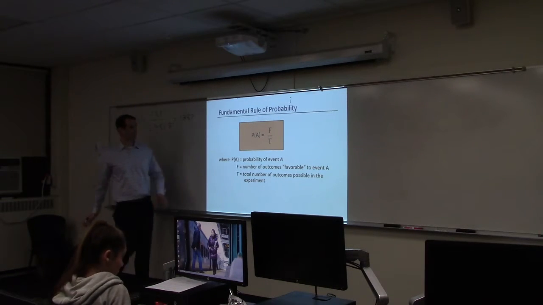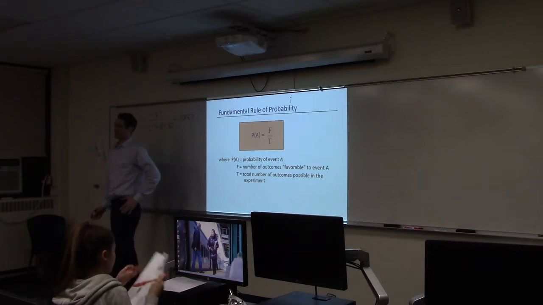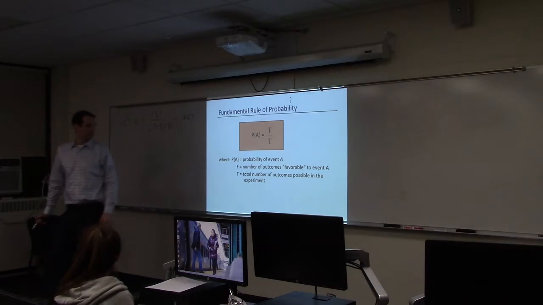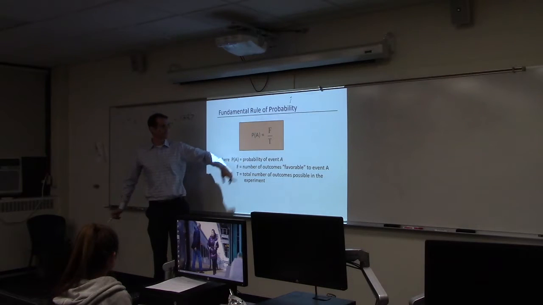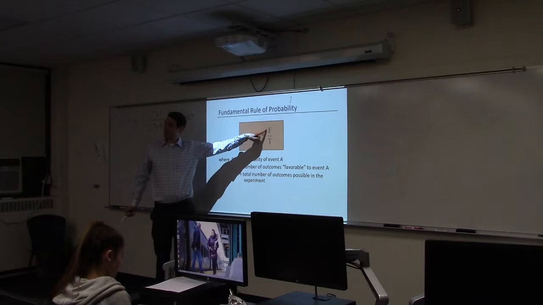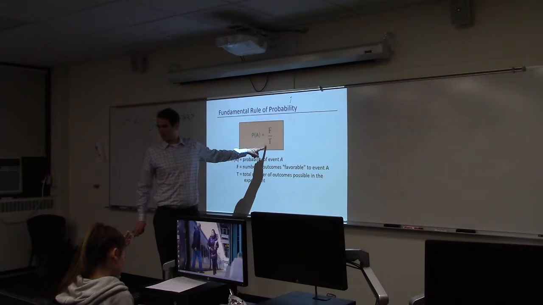All right. The probability of some event happening, say rolling a 4 on a 6-sided die, that might be what I would put in here. The probability of rolling a 4 equals the number of outcomes that are favorable to that happening divided by the total number of possible outcomes.